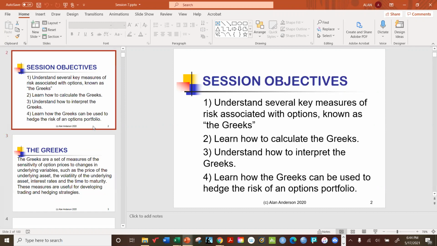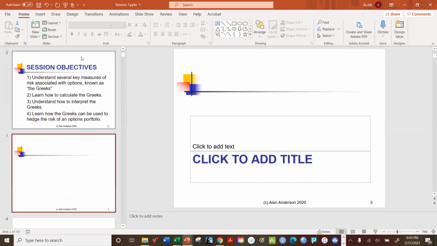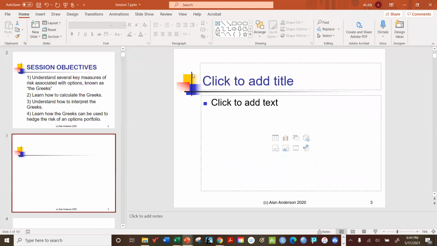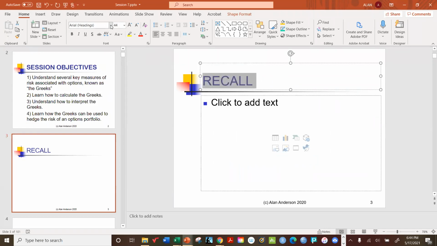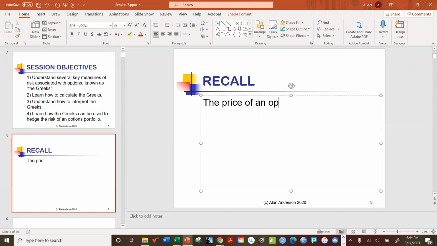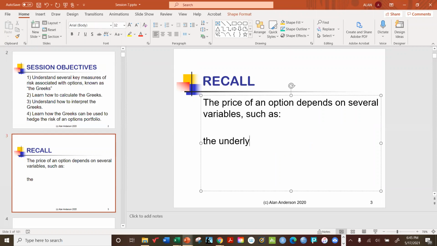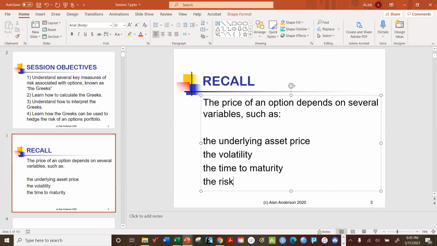Now, if you remember, just as a quick reminder before we carry on here, the price of an option depends on several variables, such as the underlying asset price, the volatility, the time to maturity, and the risk-free rate.